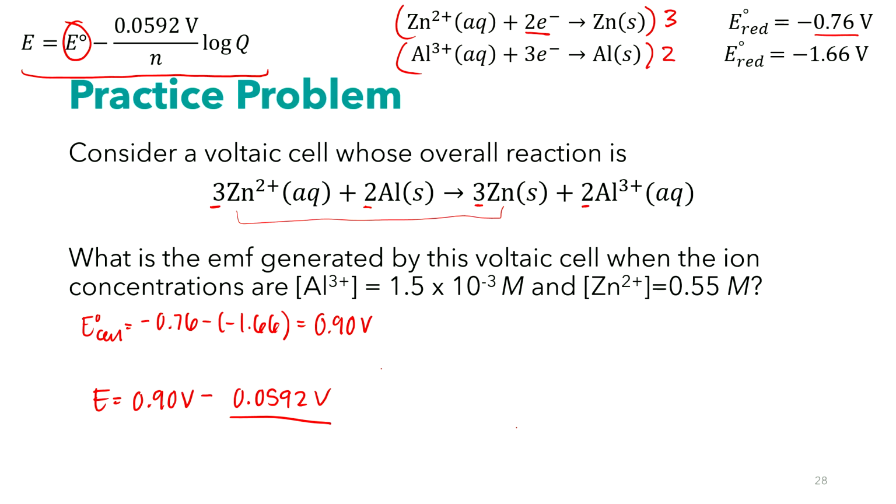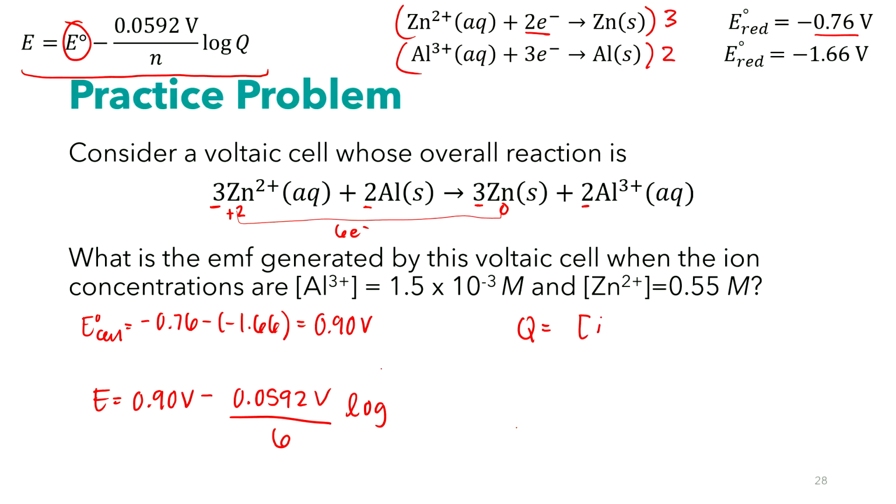That's in my balanced equation as well. You could look at that and say, well, I had 3 zinc 2 pluses go to zinc that was 0, so in total, I must have transferred 6 electrons. So my N down here is 6. Then I'm going to take the log of Q. This is the other important thing to remember. I find myself often rushing when I do these. Slow yourself down.